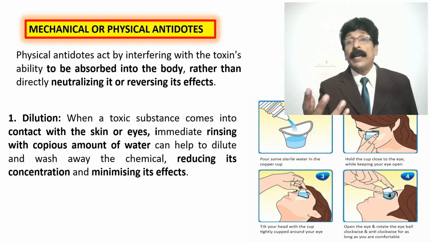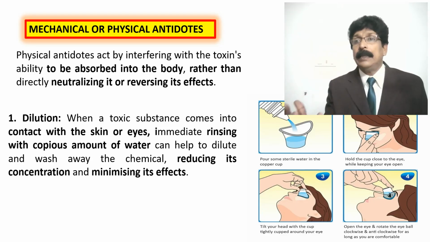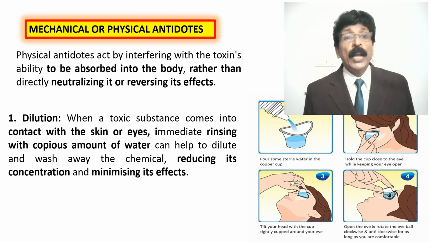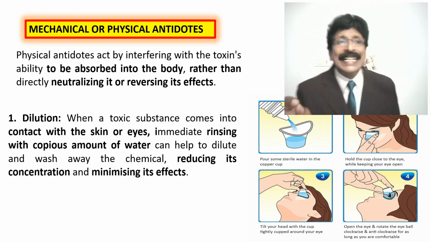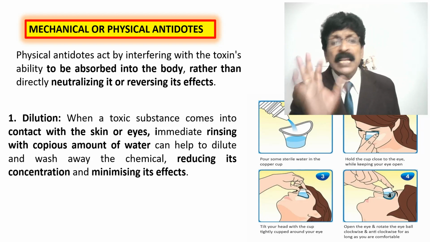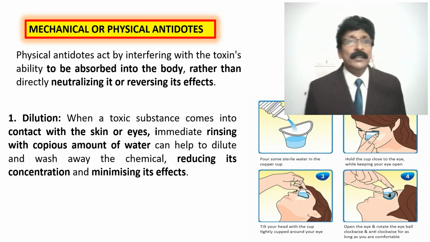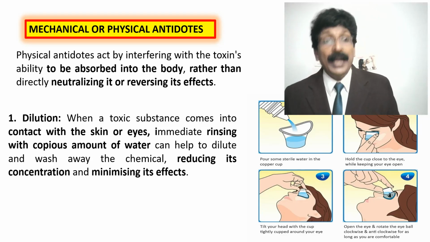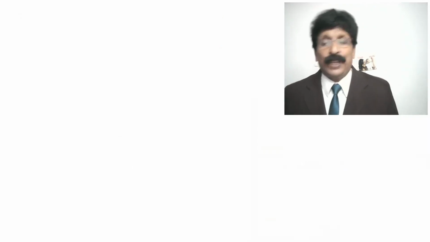Any concentrated substance, any toxic substance, any antigens, any powder or any dirt that irritates can be handled this way. A simple example: when a toxic substance comes into contact with the skin or eye, immediately rinsing with a copious amount of water can help to dilute and wash away the chemical, reducing its concentration and minimizing its effect.